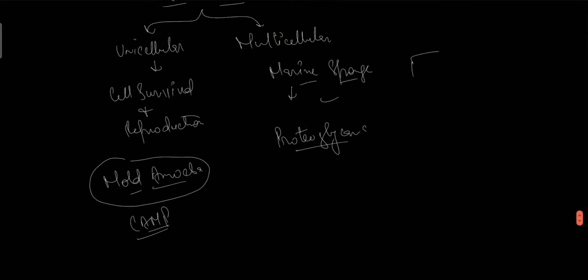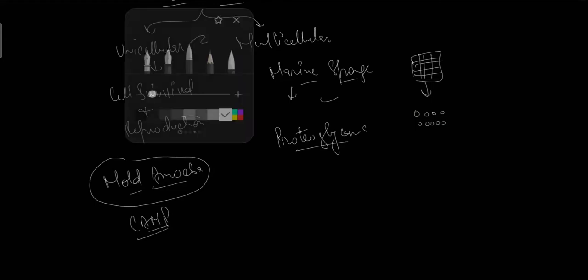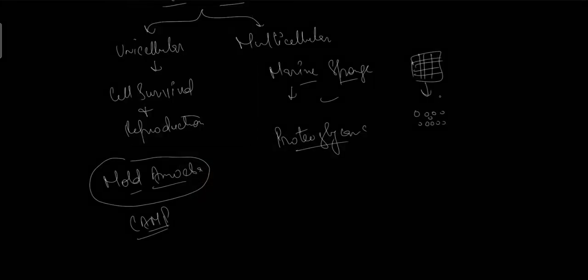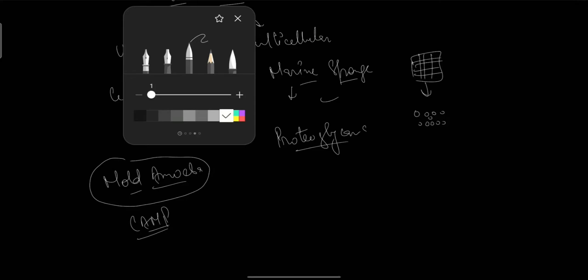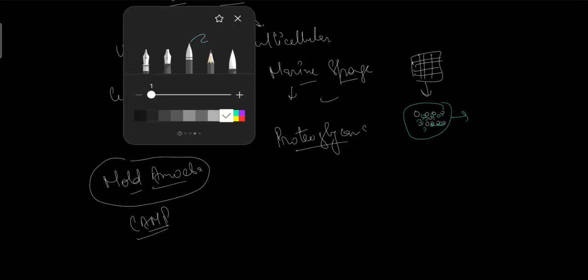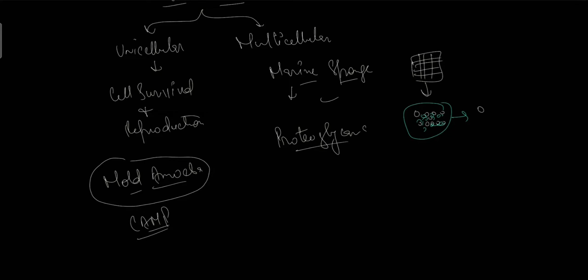For example, if this is a marine sponge consisting of many cells, and through a mesh we isolate them into single cells, and in a culture we incorporate them with other cells also, and once this culture is rotated completely, the marine sponge cells will aggregate with their own cells.